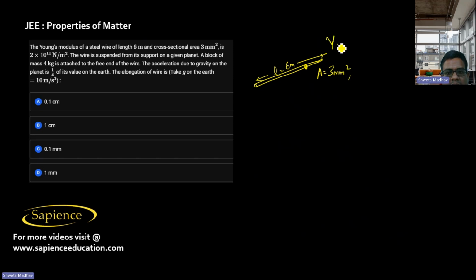The Young's modulus is 2 into 10 power 11 Newton per meter square. The wire is suspended from its support on a given planet. A block of mass 4 kg is attached to the free end of the wire.